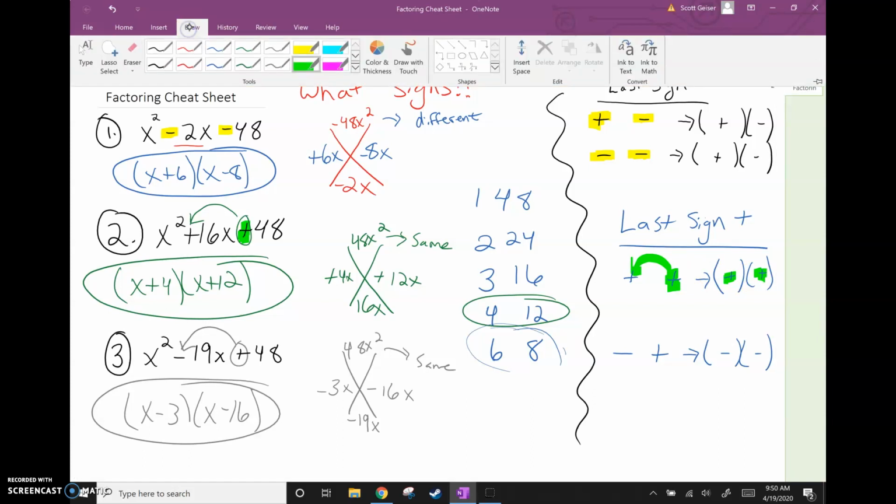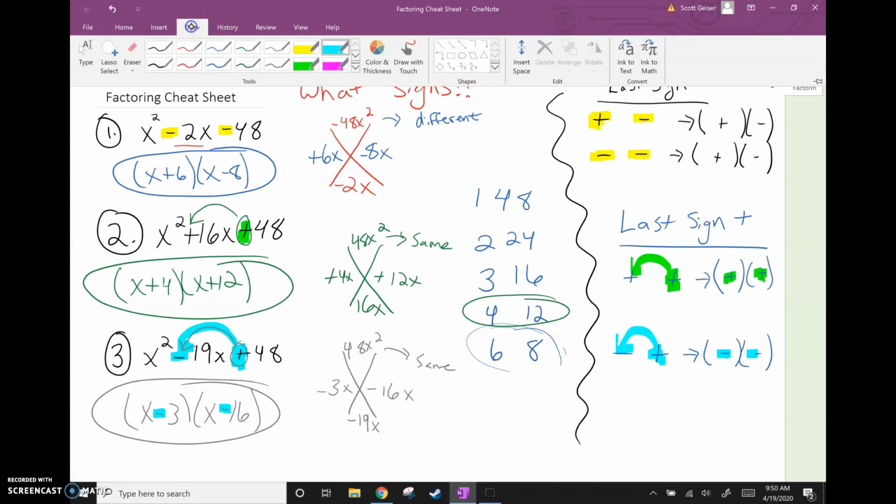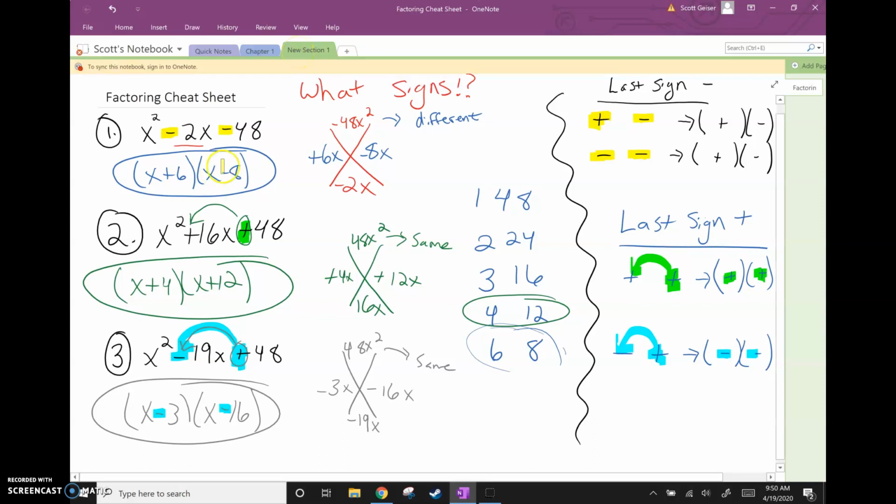If you look back and you see that this is negative here, they're both going to be the same and they will be negative in your answer. Last one positive, same, look back. That means they'll be negative in your answer. So, to recap: last one negative, one of each.